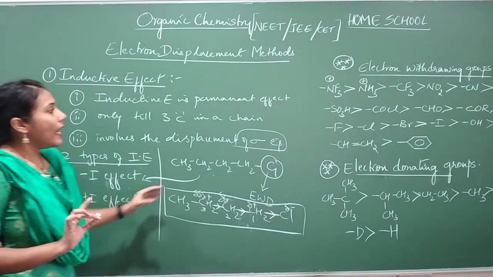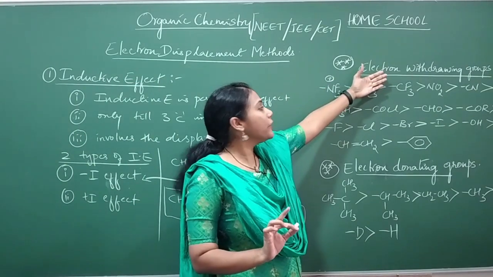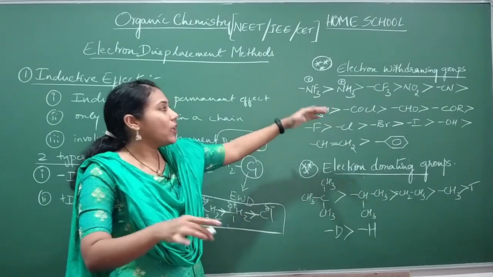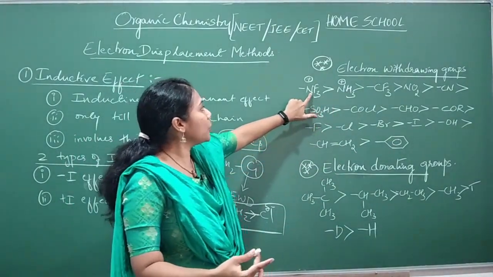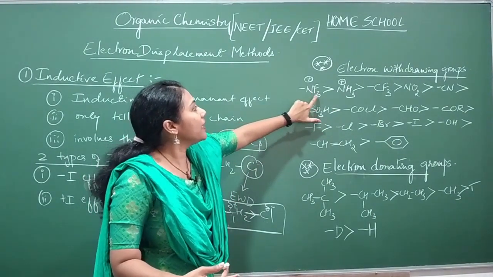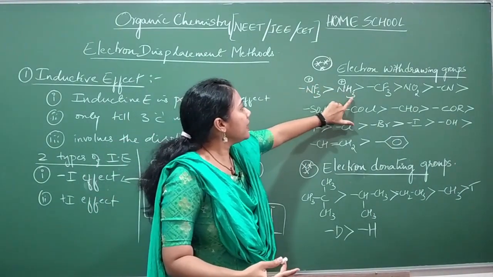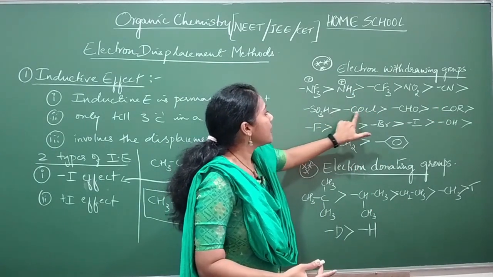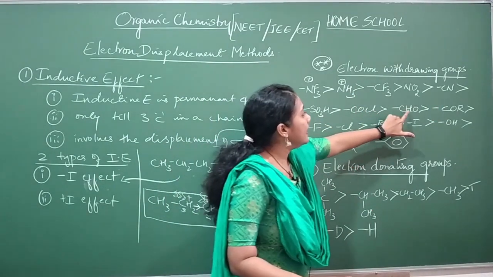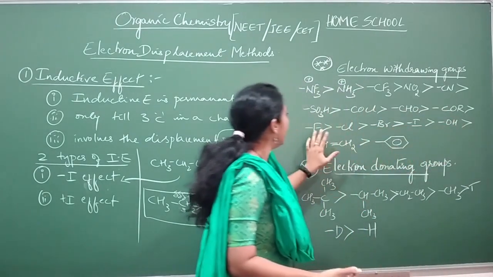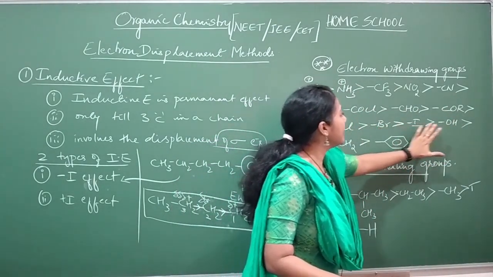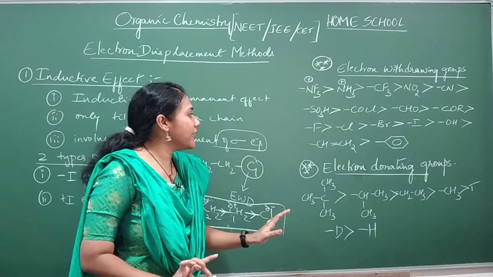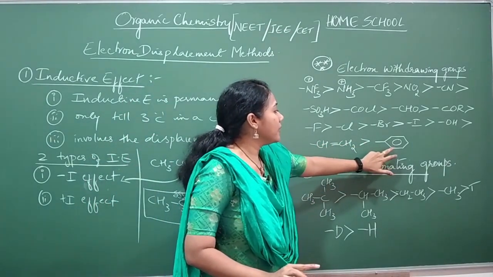Now I have given a list of electron withdrawing groups here, in the decreasing order of their electron withdrawing nature. The most electron withdrawing is NF3 plus, and later NH3 plus, CF3, NO2, CN, SO3H, COCl, the acetyl chloride group, the aldehyde group, COR, later fluorine, chlorine, bromine, iodine, OH, and even the alkene group is electron withdrawing in nature, and later our aromatic phenyl group.